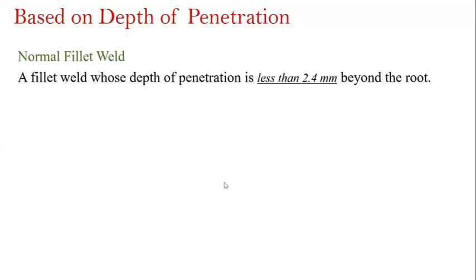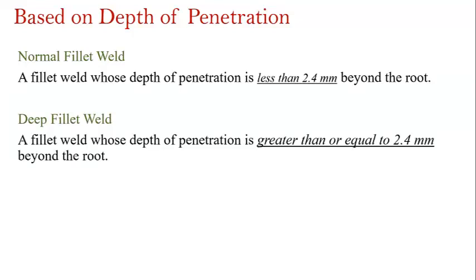The second type of fillet weld based on depth of penetration is the deep fillet weld. A fillet weld whose depth of penetration is greater than or equal to 2.4 mm is called a deep fillet weld.